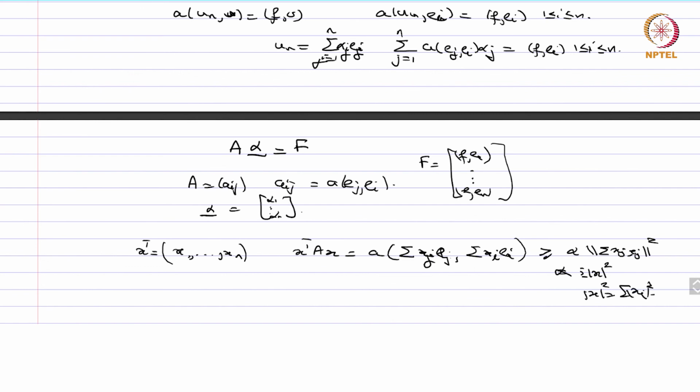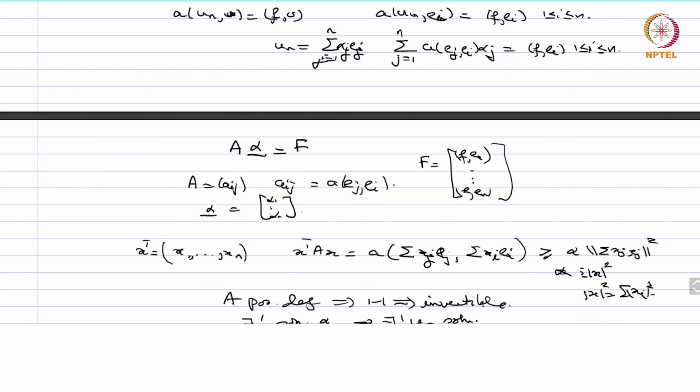Since the ej's are orthonormal, this matrix is positive definite, which implies one-one, which implies invertible, and therefore there exists a unique solution alpha, which implies there exists a unique solution un.